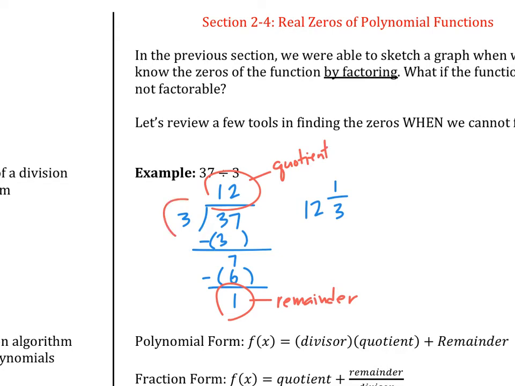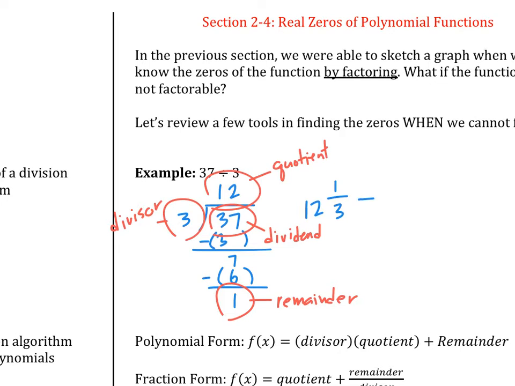The number you're dividing by is called the divisor. And the number that is being divided is the dividend. So 12 and 1/3 is the answer.